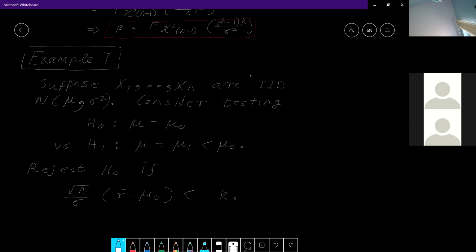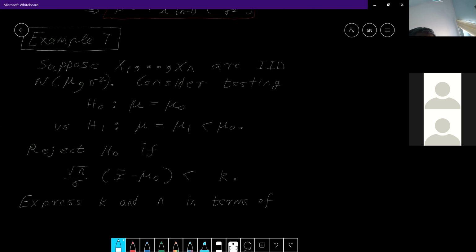The question here is to express k and n in terms of alpha and beta.